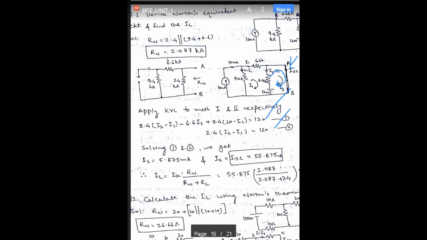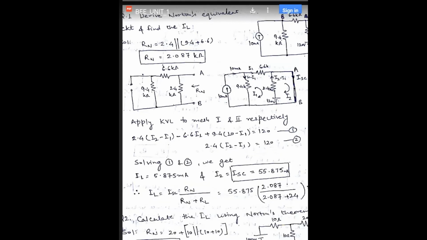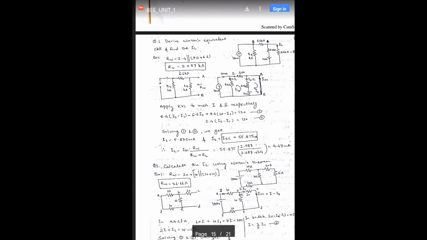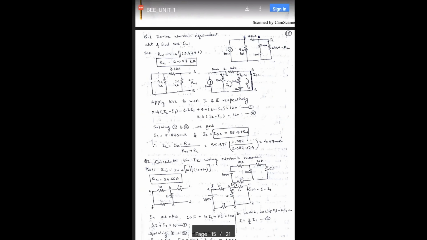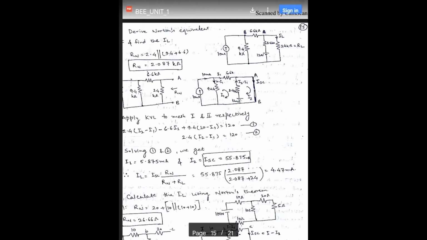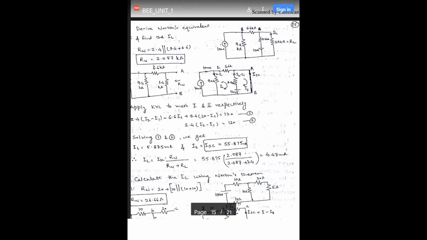Now the theorem's last result gives us the value of the load current which is flowing into the load when the load is placed in the original circuit again.